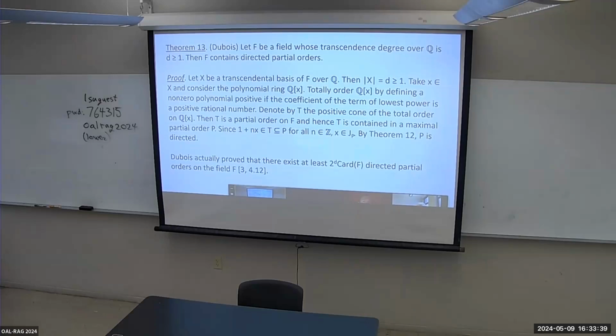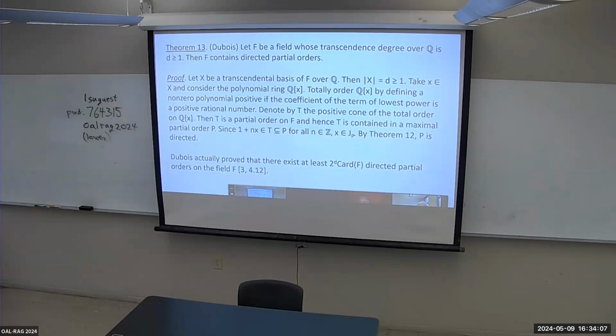Should the cardinality maybe have something to do with the transcendence degree as opposed to cardinality? No, that's D. Like a polynomial ring, the transcendence degree will be 1, but the cardinality is still countable. F has to be either countable or less than or equal to the continuum.